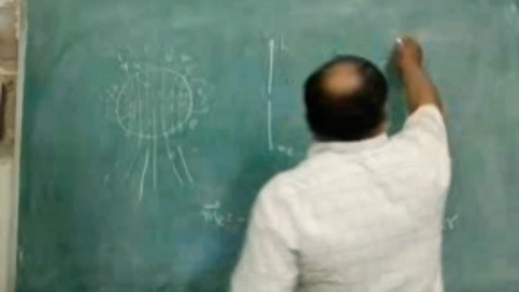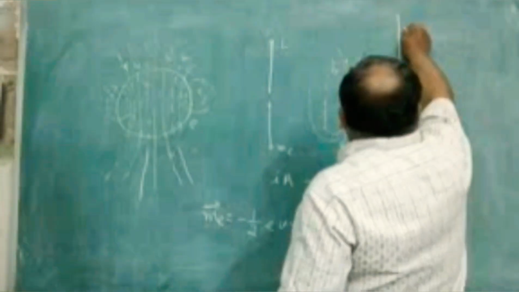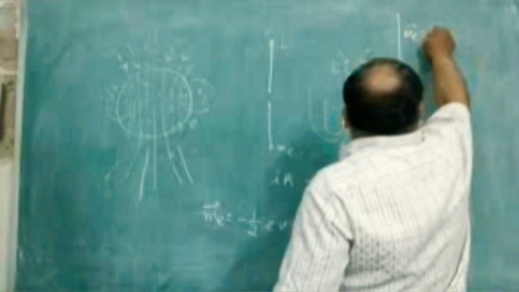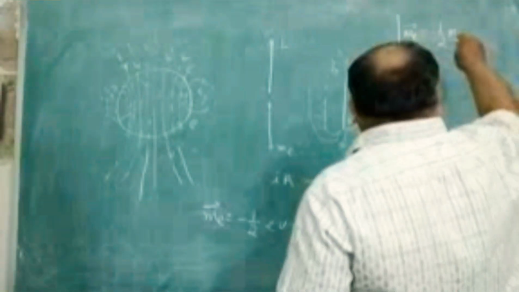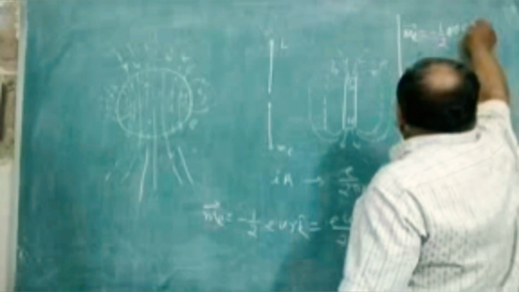So, for future reference, let us write this as minus half eVr k.